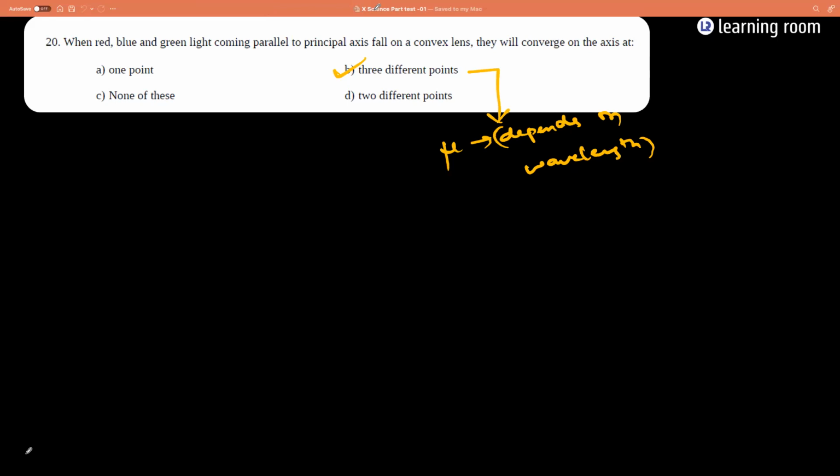Sir, I thought focal length was R by 2, so how will that change?